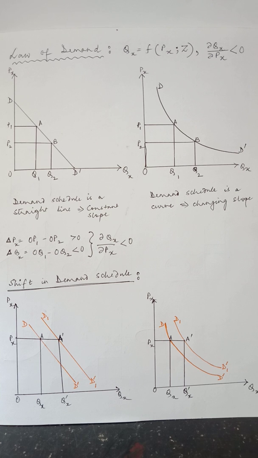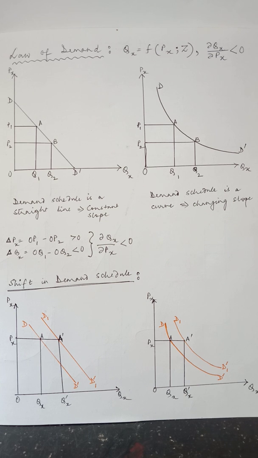So we can write in the form of calculus: delta Qx divided by delta Px is negative. That is, there's an inverse relation between quantity demanded of a commodity and the price of the commodity.